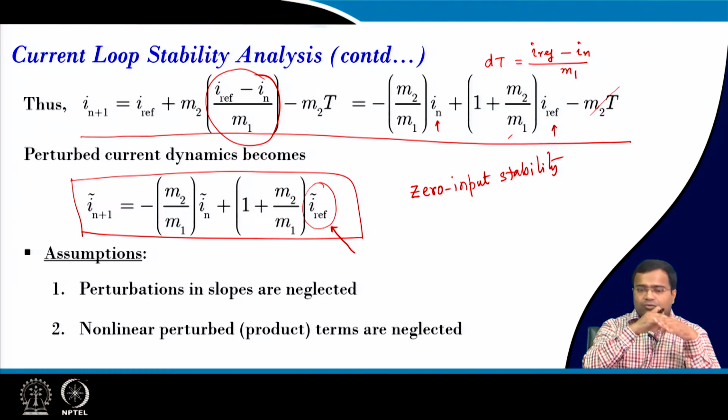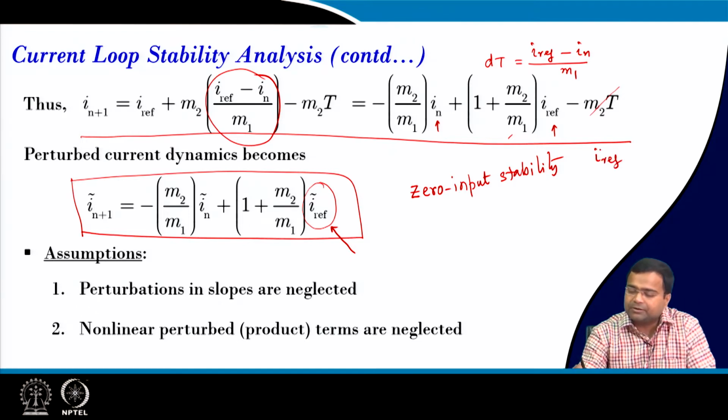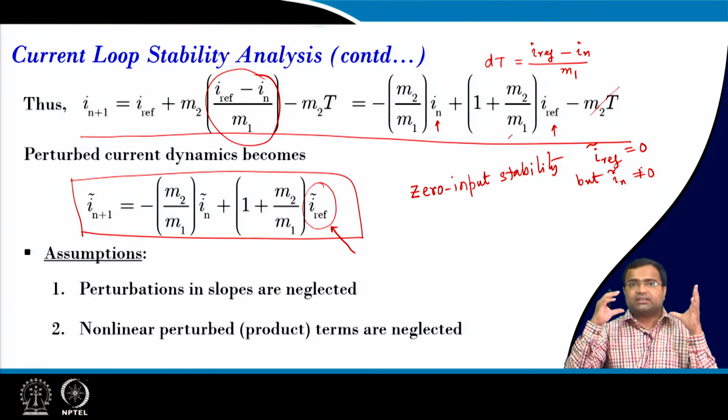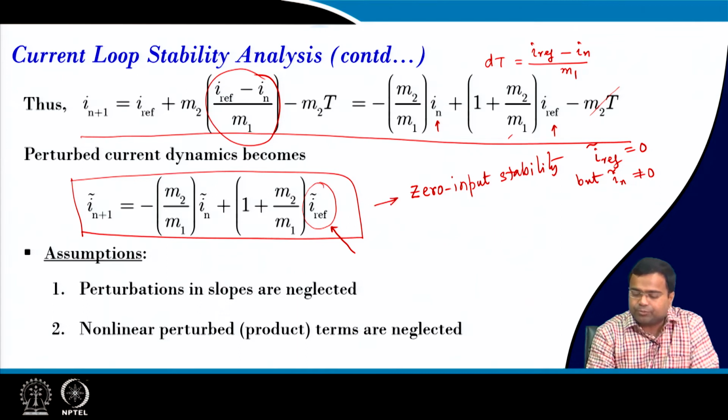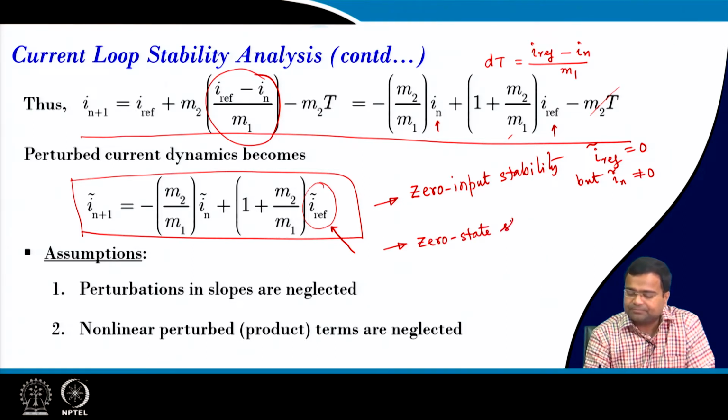So if I keep Iref constant, then we consider the Iref perturbation, this tilde, to be 0, but the perturbation in the initial condition is non-zero. We are only perturbing the initial condition, so that is why it is called zero input stability. It is the stability only due to the perturbation in the initial condition, sometimes also known as the homogeneous solution, that will be the unforced response. Another is zero state stability.